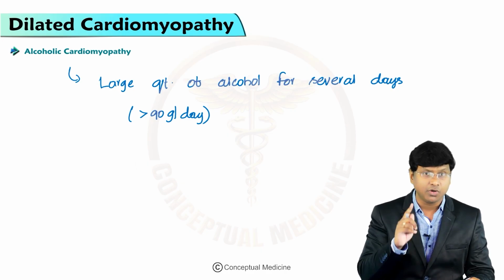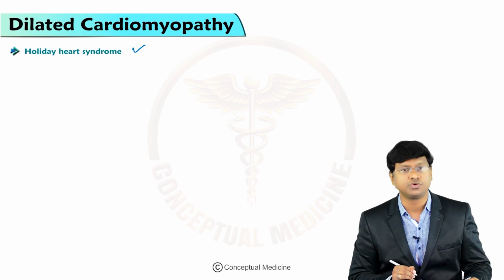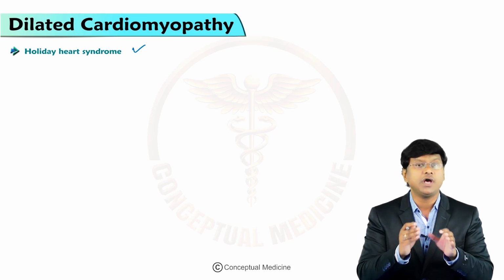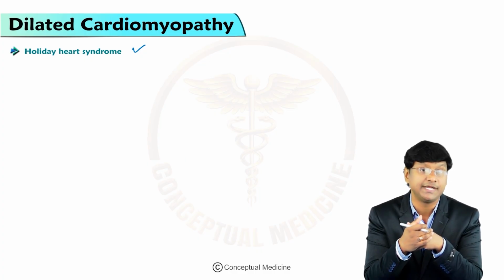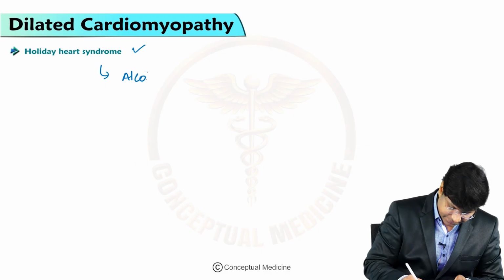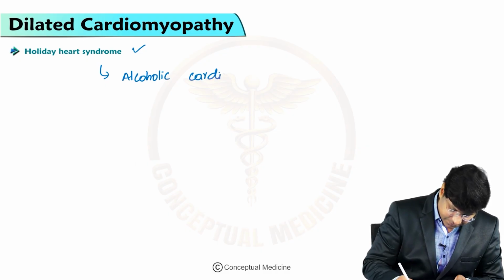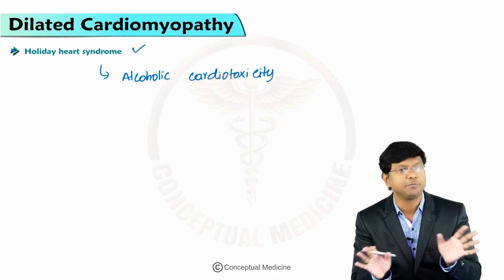And regarding this alcohol, you also need to remember one important syndrome, that is holiday heart syndrome. Holiday heart syndrome is another form of alcoholic cardiotoxicity. It is not cardiomyopathy.